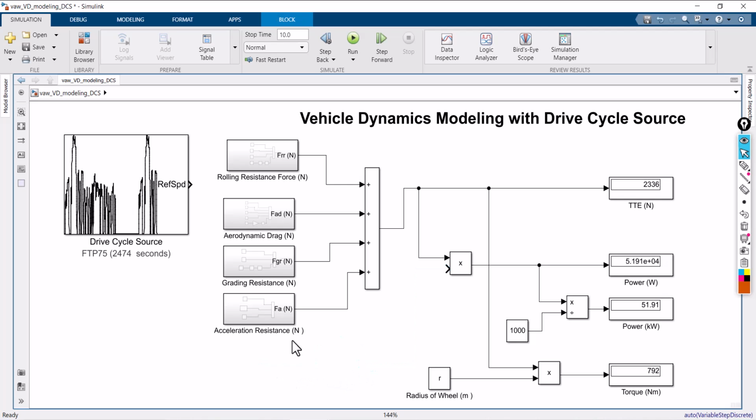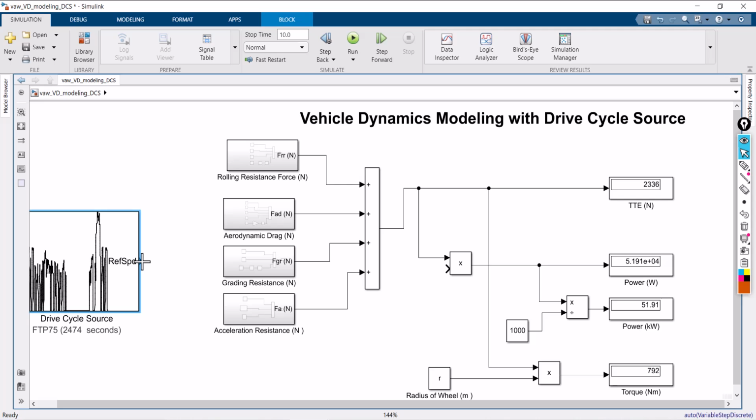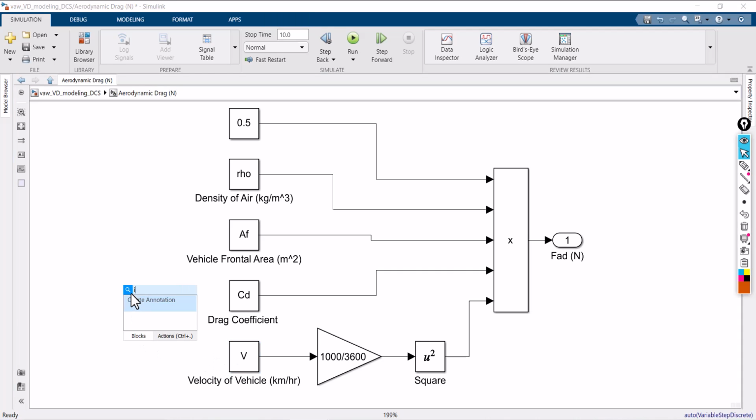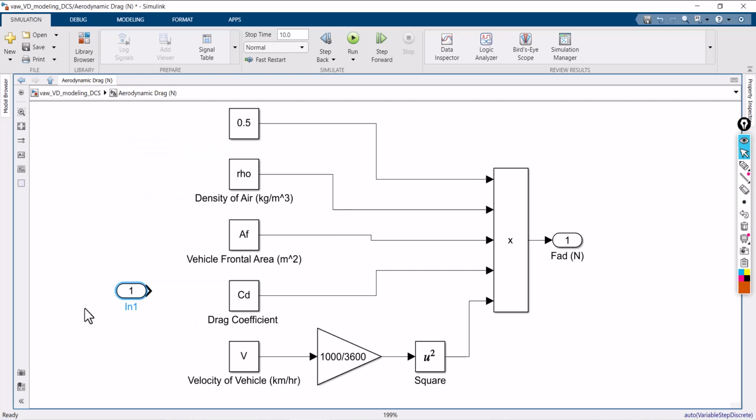You can straight away connect this drive cycle source here. Similarly, if you go to equation number 2, that is aerodynamic drag, we have vehicle velocity. If you want to take the drive cycle source as an input, here you need to create one input port. Delete this velocity as well as the gain part, that is the conversion part.